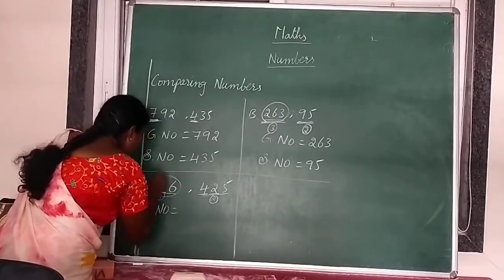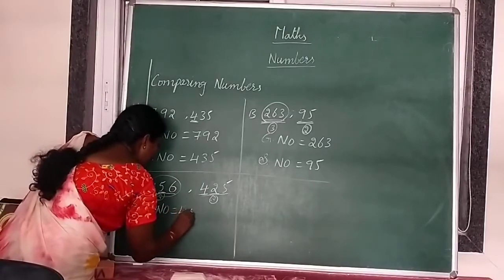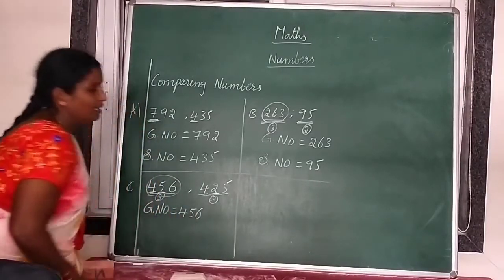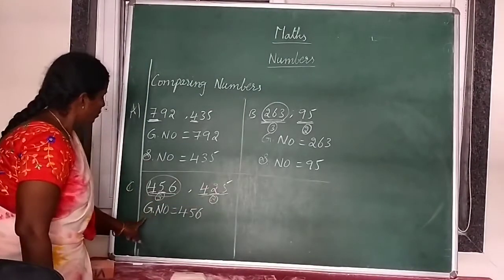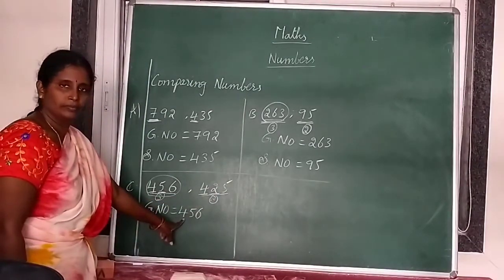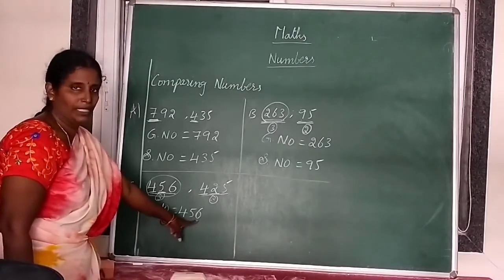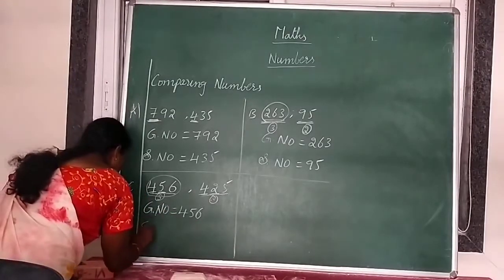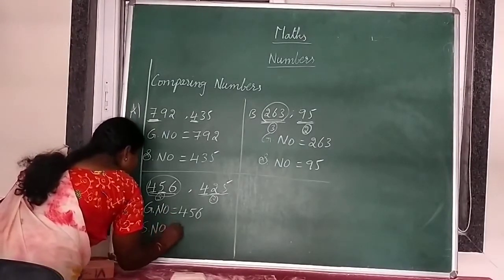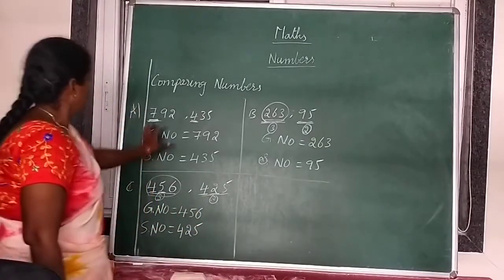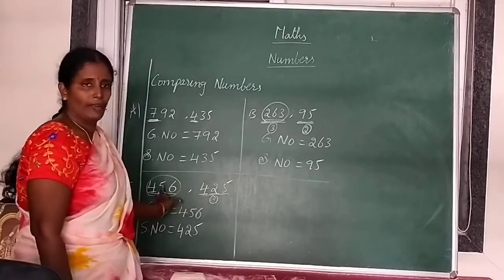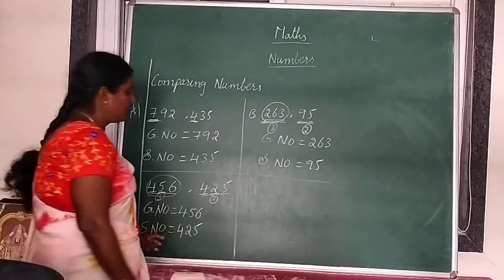So 456 is greater than 425. So greatest number is 456 and the smallest number is 425.